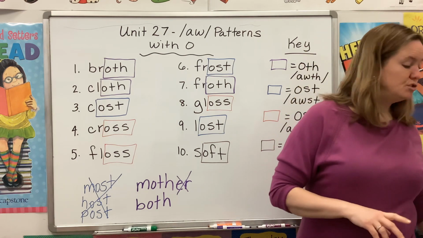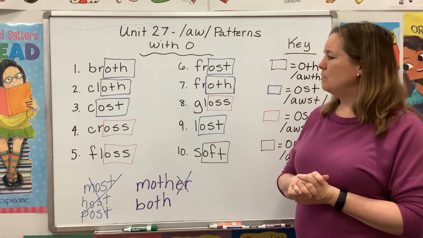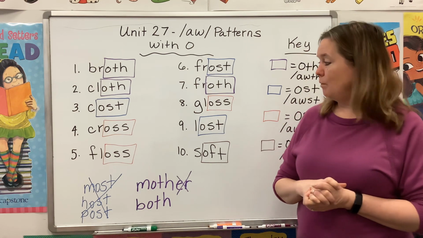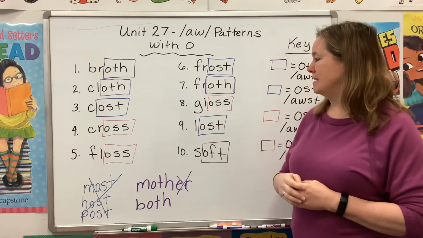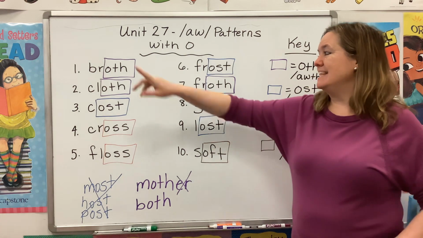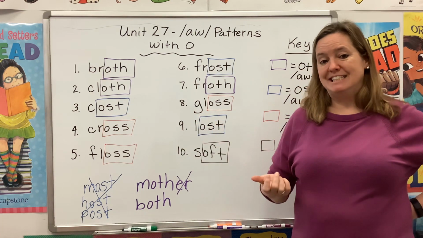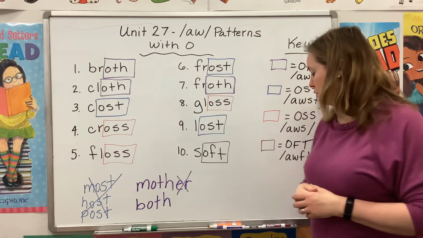All right, so those are the patterns we're working on this week. Really, the only tricky part, I think, is the O. Everything else you should be able to sound out this week. Just remember, though, that this pattern might have a different pronunciation in different words.